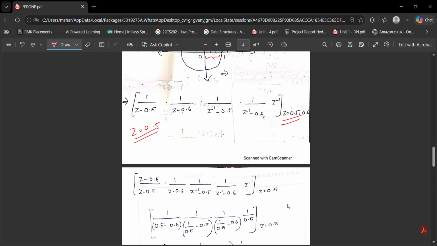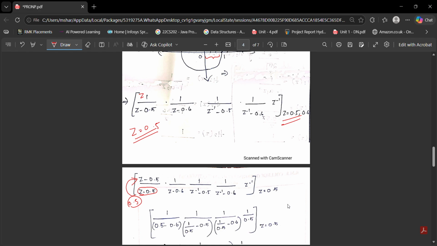What we will be doing is, at whichever point we are calculating the residue, that factor should be placed above, in the numerator. To make it clear, I'll explain it properly. Now we have taken z is equal to 0.5, for which we will be calculating the residue, right? This is z minus 0.5. For this factor you got 0.5 as the pole, so the respective numerator will be placed as z minus 0.5.